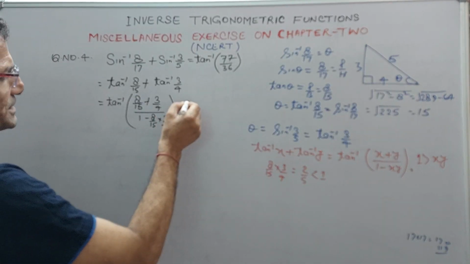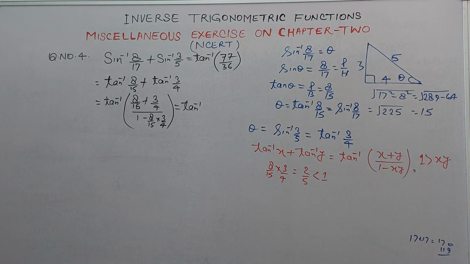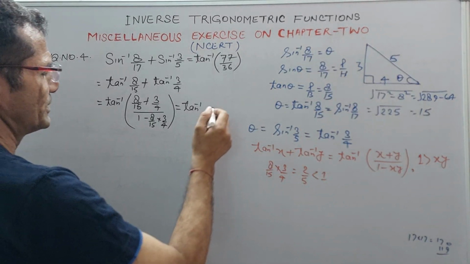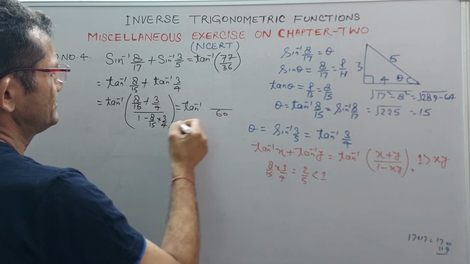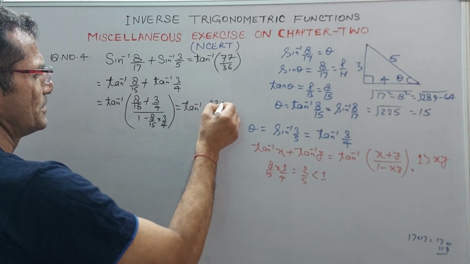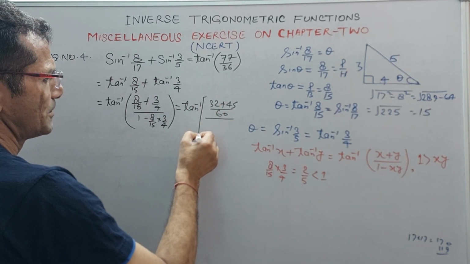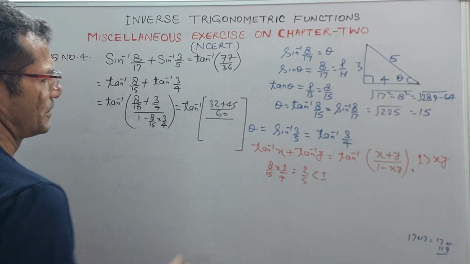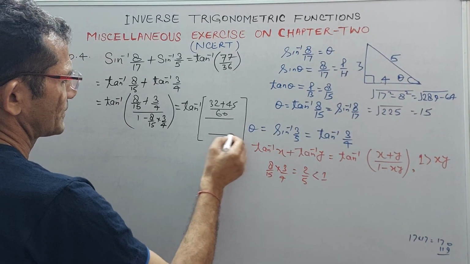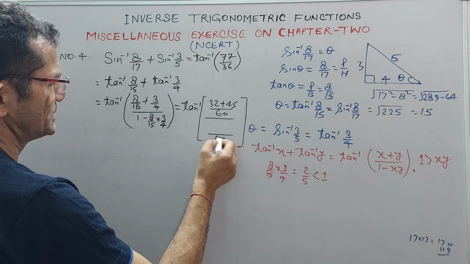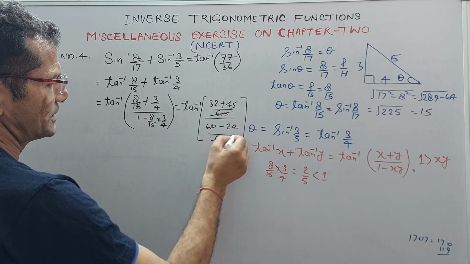After simplification it becomes tan inverse, taking the LCM of 15 and 4, it is 60, the LCM, and 32 and 45 over, again taking the LCM here, 60 goes this side, minus 24, cancel and cancel.